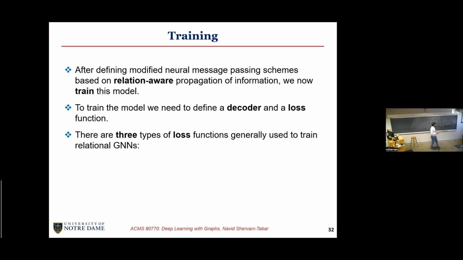So there are 3 types of loss functions in general that are used for training, essentially learning embeddings for multi-relational graphs. The first one is reconstruction loss, which simply tries to reconstruct the adjacency tensor given the prediction for all the edges between every pair of entities. The second approach is cross-entropy loss, which is trying to maximize the probability of observing the data in hand.